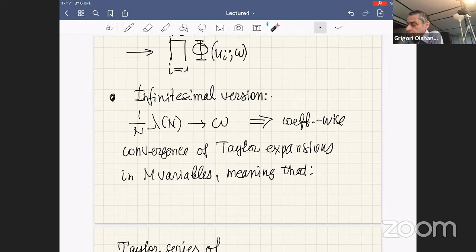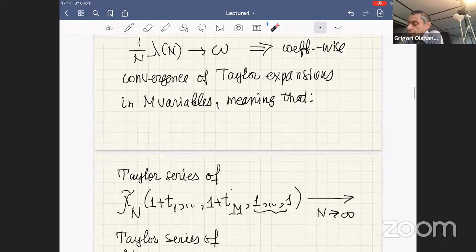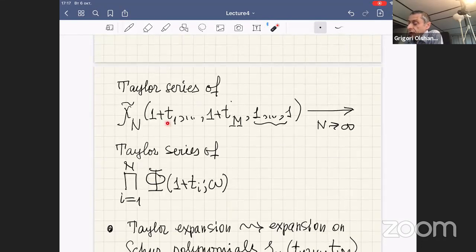So this is our assumption, and the conclusion is we have a coefficient-wise convergence of Taylor expansions in m variables. This means, more precisely, as follows. We need to fix some coordinates and we take very simple coordinates. So the coordinate in the neighborhood of 1 is obtained just by adding some auxiliary coordinate t. So 1 plus t1, ..., 1 plus t sub m, and 1, 1, 1.